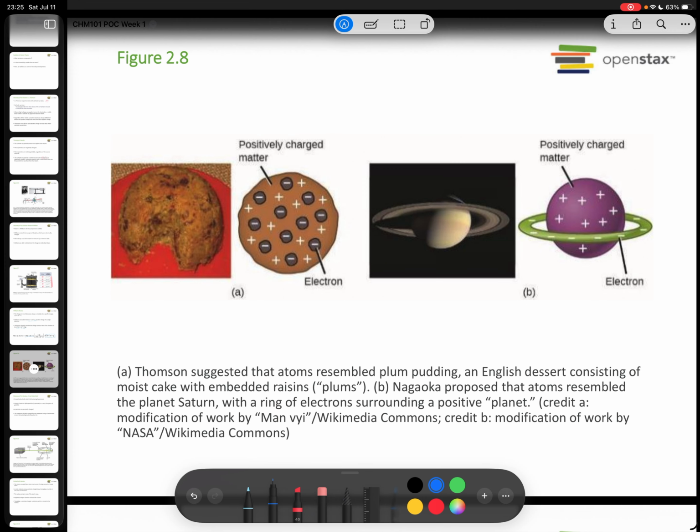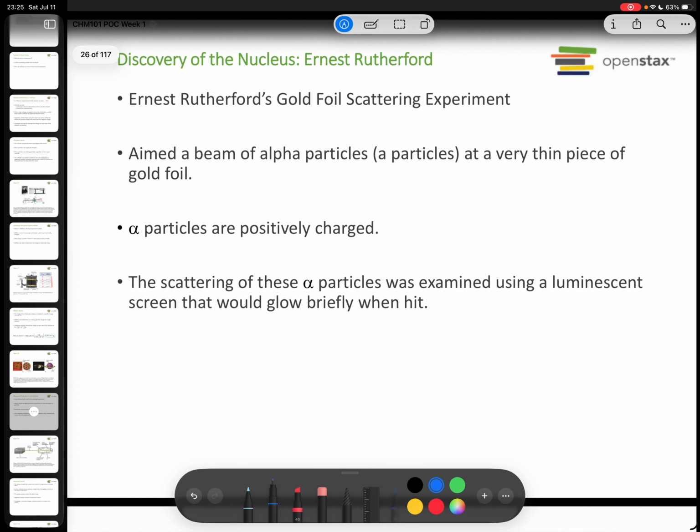So it is like raisins in a pudding. Kaya siya plum pudding. And then Nagaoka, no, proposed a Saturn-like model where electrons move around a positive center. So these models were important steps, but they were not the final answer. So Rutherford's experiment would change the picture dramatically.